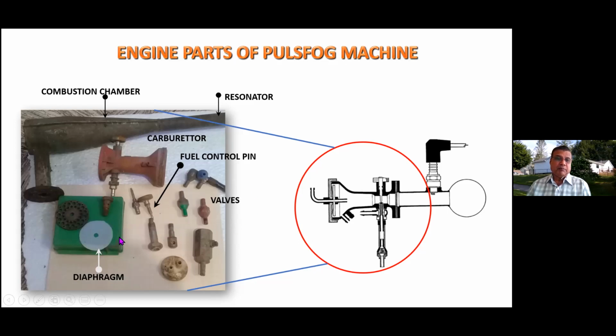Whenever there is any problem, we can immediately change it. So you should have all these pads, this diaphragm, the valves, this fuel control pin, everything. The company supplies them separately as spare parts. So it is very important to have spares of these machines.